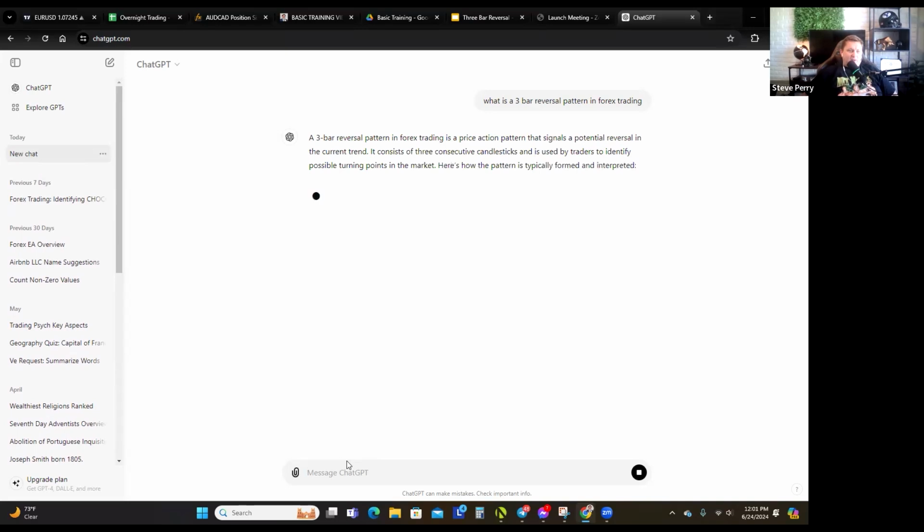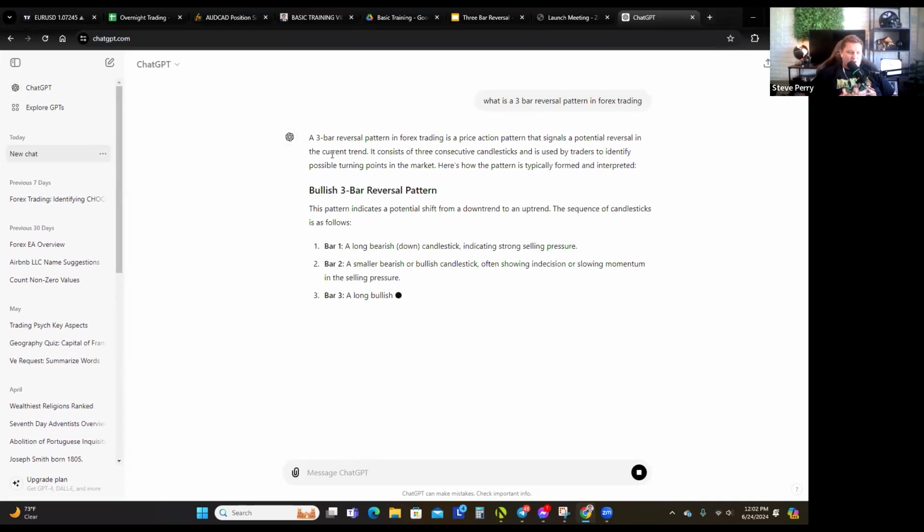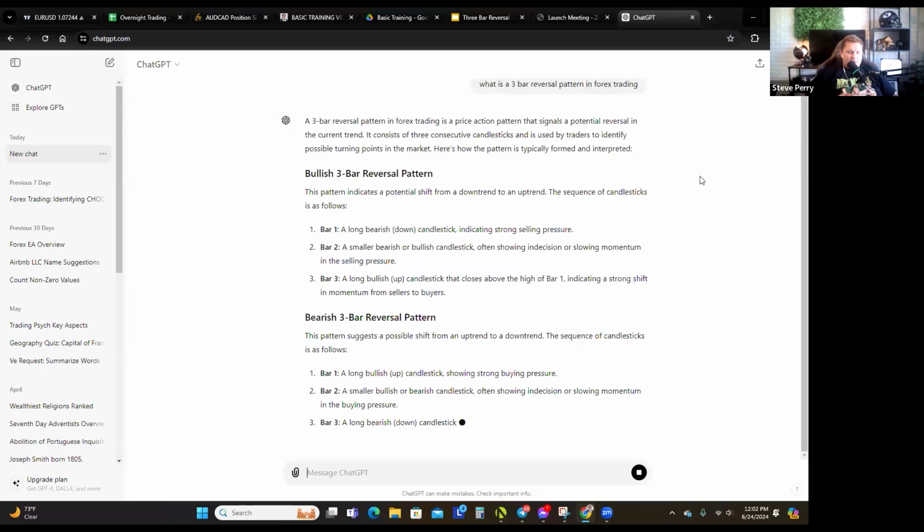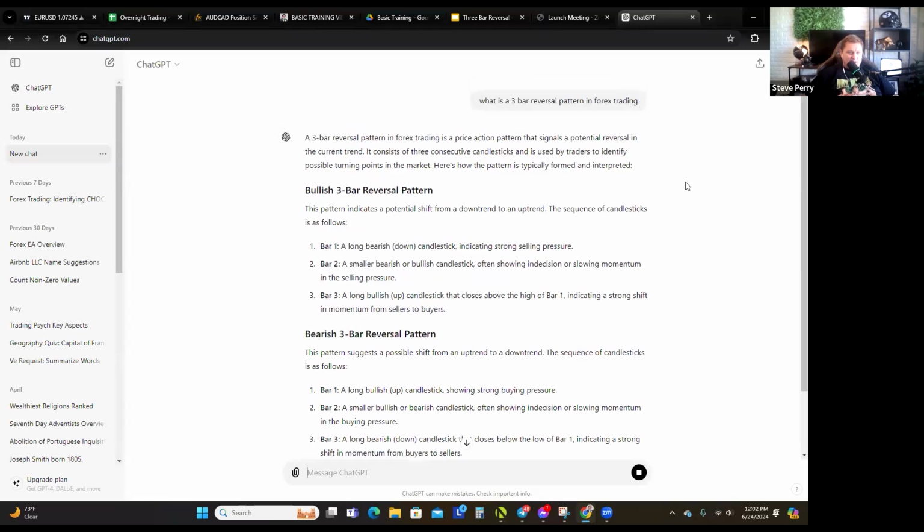All right, let's see how big this answer is going to be. Probably huge. We probably won't read everything, but we'll go over the basic details of it. A three-bar reversal pattern in Forex trading is a price action pattern that signals a potential reversal in the current trend. It consists of three consecutive candles and is used by traders to identify possible turning points in the market. Here's how the pattern is typically formed and interpreted. Not everybody's the same.